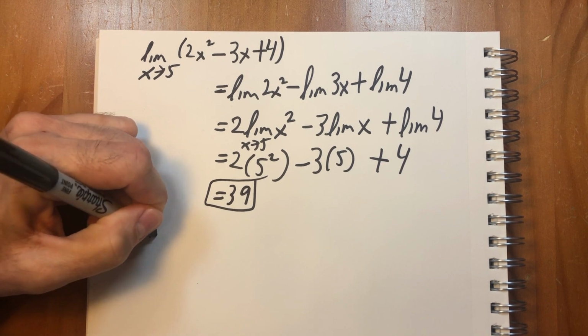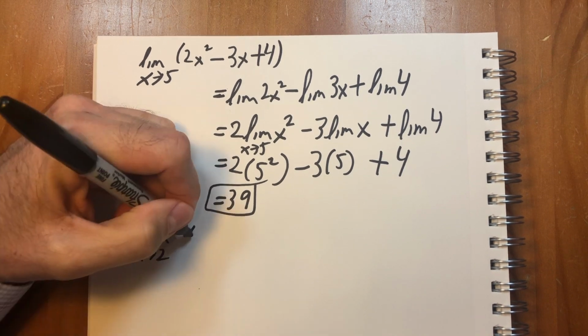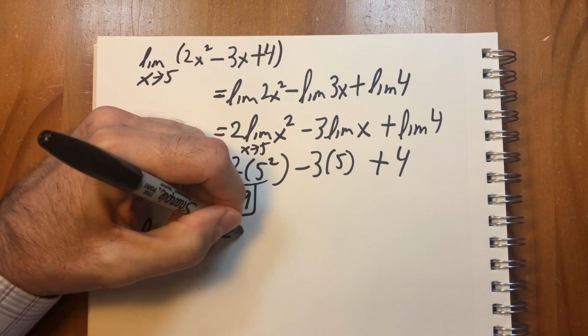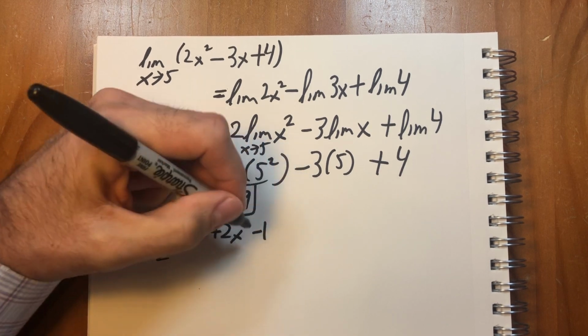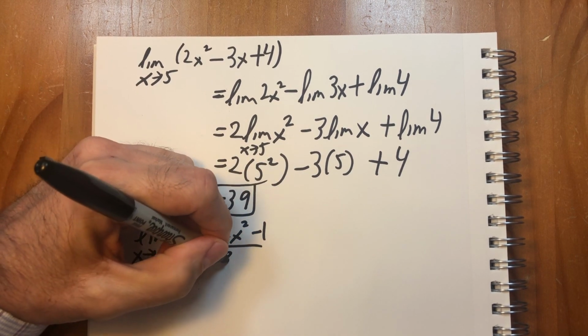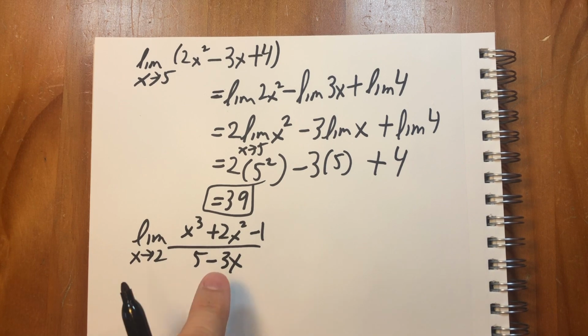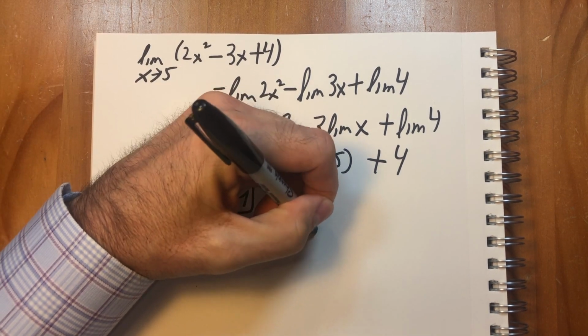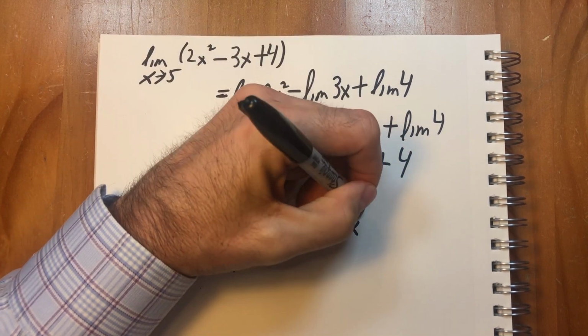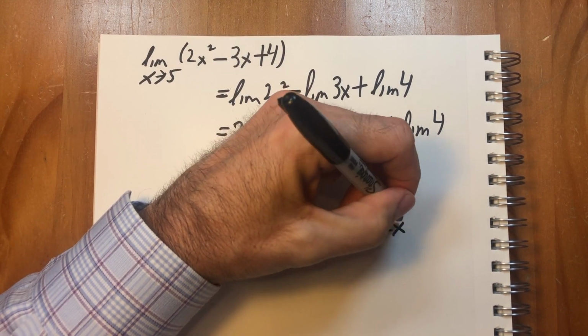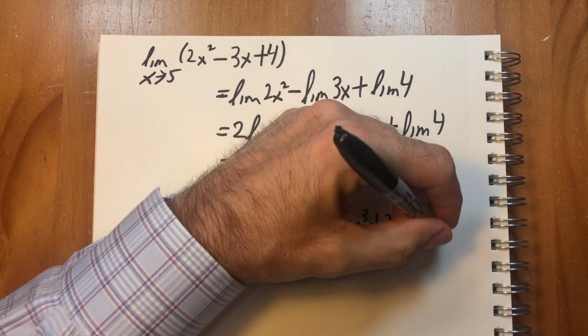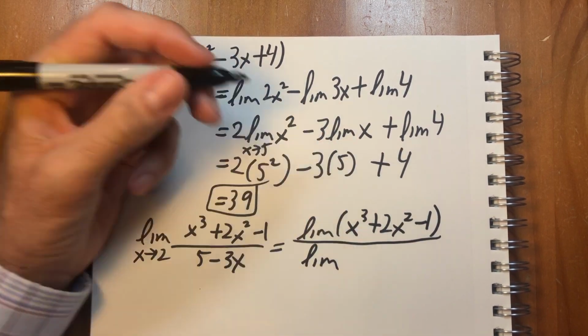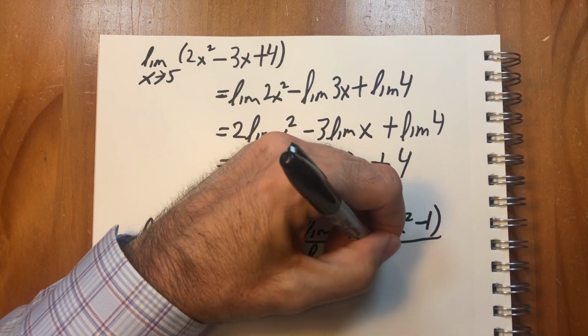What about the limit as x approaches 2 of x cubed plus 2x squared minus 1 over 5 minus 3x? So we're going to start by using the quotient law. So we have the limit of x cubed plus 2x squared minus 1 over the limit of 5 minus 3x.